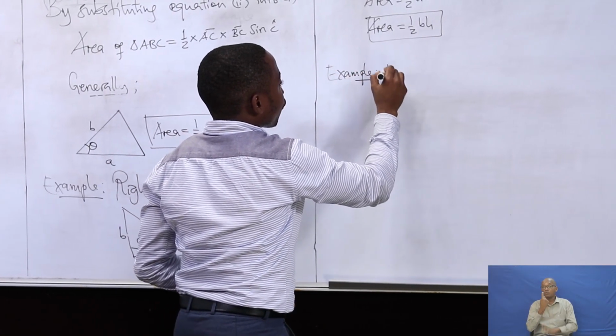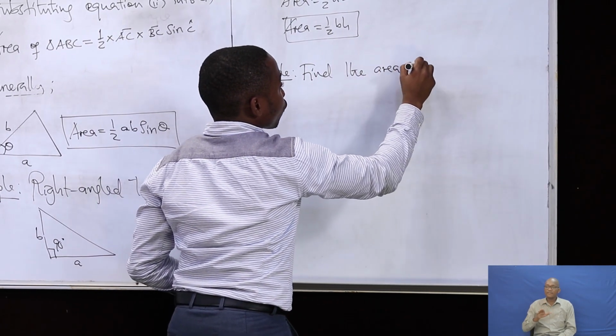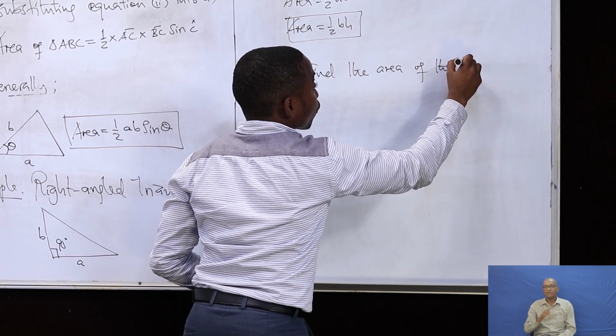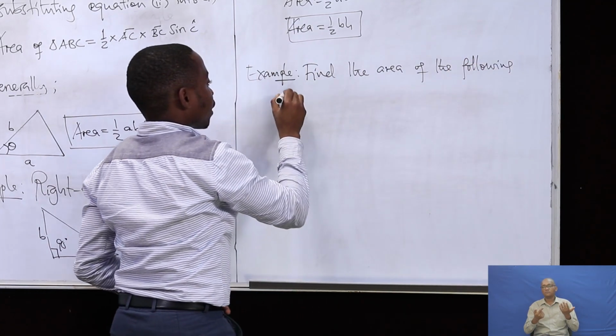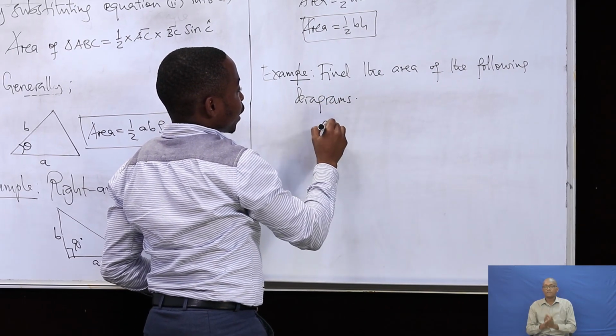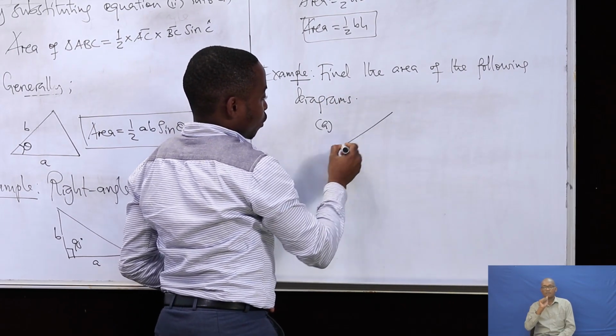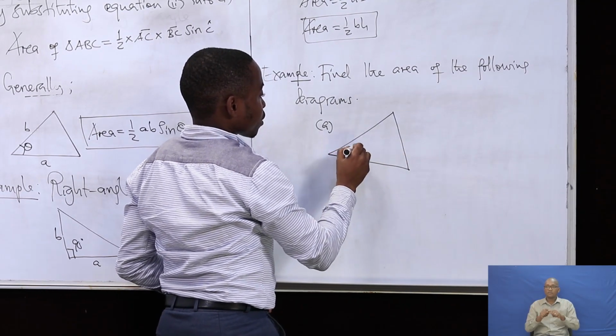Example 1. Find the area of the following diagrams. Diagram A, we have a triangle like this one. Here it is 30 degrees.